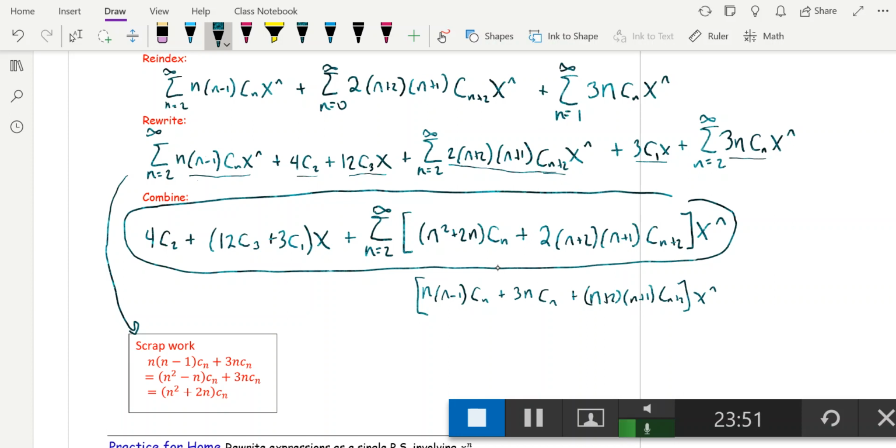That would be kind of sloppy. I'd have a Cn and another Cn. And when we actually start solving differential equations, we'd have to combine that into a single Cn. And so that's what I did here, so that I have a single Cn, and then there was only one Cn plus 2 anyway. So that's as good as you can get it, given that we're not going to do anything else to that power series.